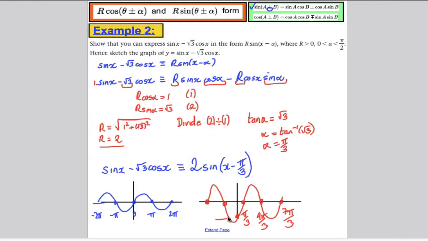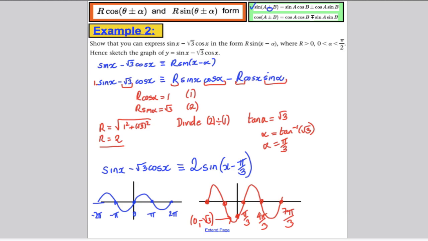Well, we could, because that is when, in this equation, x is 0. So we could just type in our calculator 2 sine of negative pi over 3. Let's see what we got. And we get negative root 3. So this is the coordinates 0, negative root 3. And hence we've drawn that graph there.